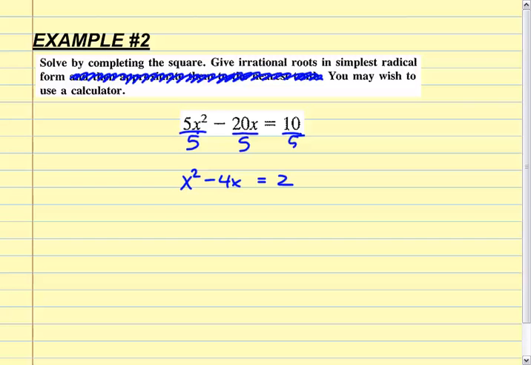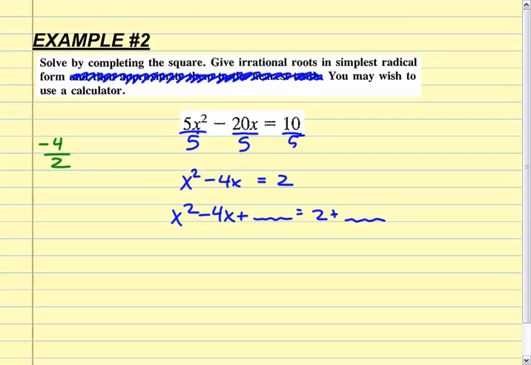Okay? Now I'm ready to make this left side a perfect square. So I'm going to write x squared minus 4x plus blank is equal to 2 plus blank. Now, let's find out what goes in that blank. I take the middle coefficient, negative 4.